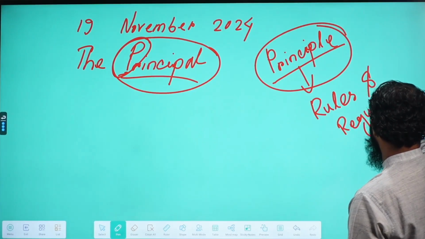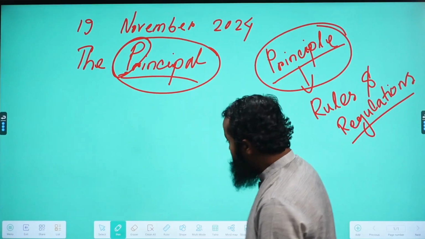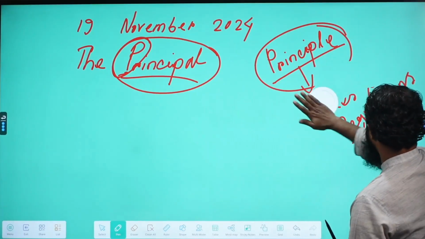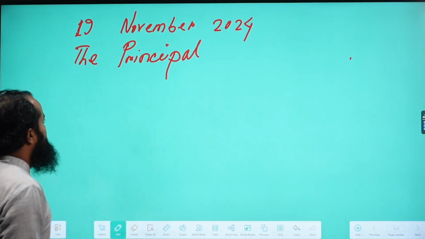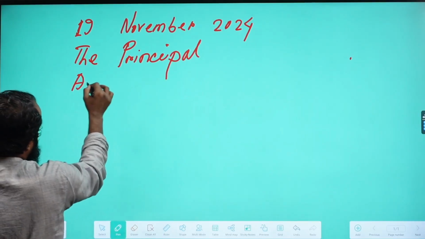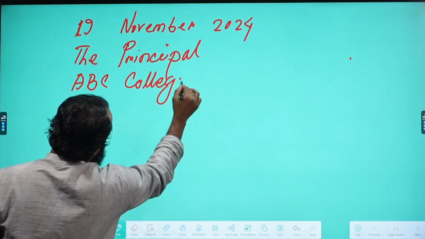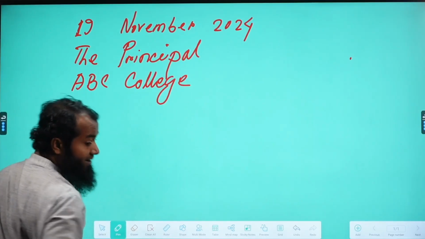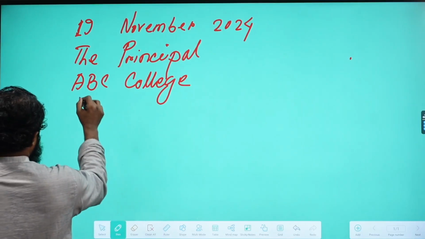Okay, fine. So the second part is to write the inside address, and you have to write down the college name. Suppose ABC College, and then the address of ABC College, suppose, Dhaka.